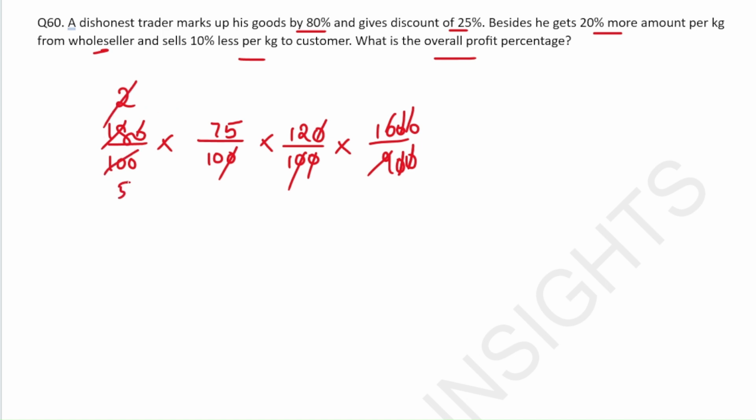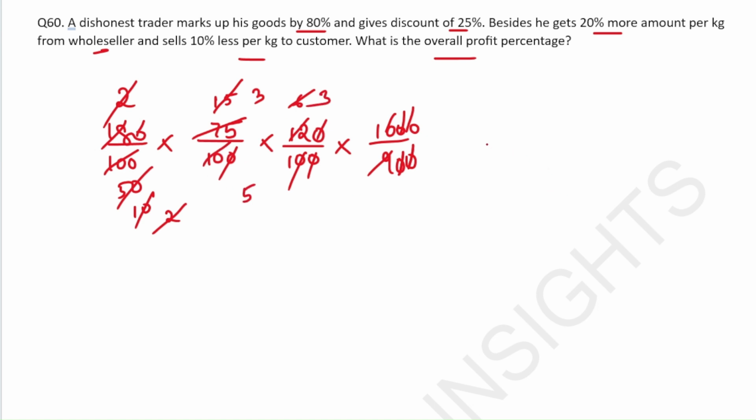2, 50, 5, 10, 5, 15, 5, 2, 5, 3, 2, 6. Now 2, 3, 2, 5.